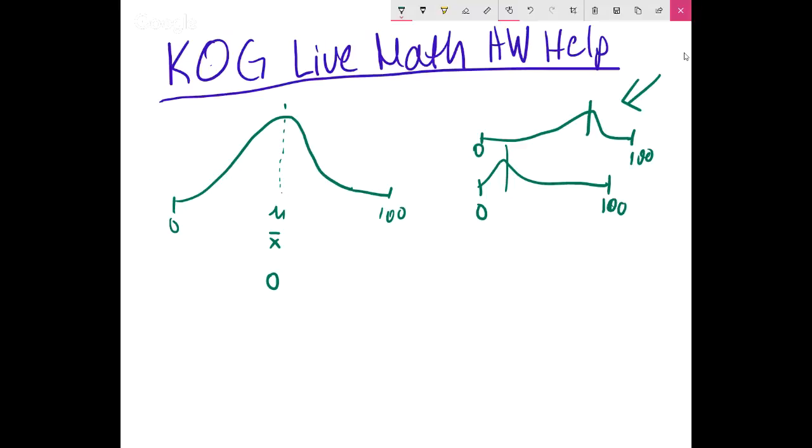So let's say they got 15 questions right, and in this one they got 85 questions right. So that's what that means when you see that. But for the one that we're working on, I'm choosing 50. Most people got 50 questions right on this test. That's why it's called the mean, the average.